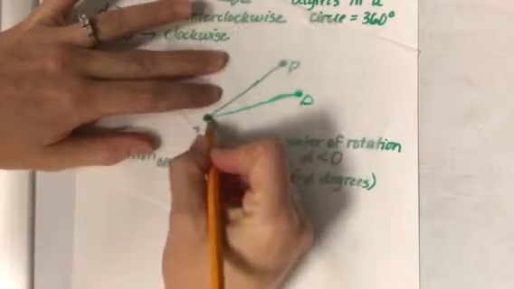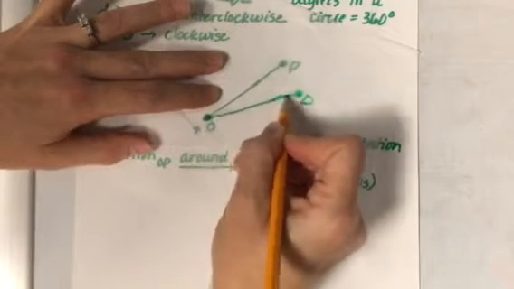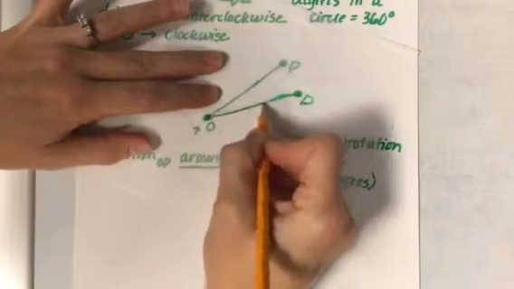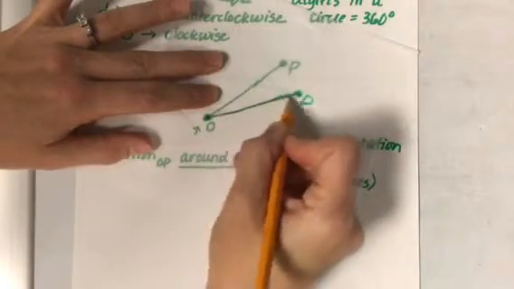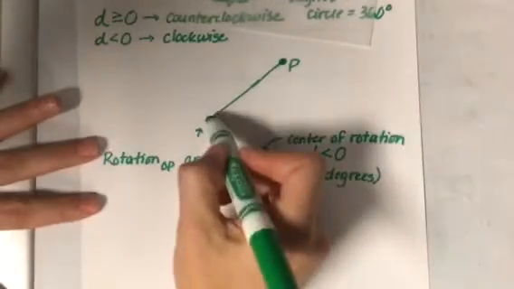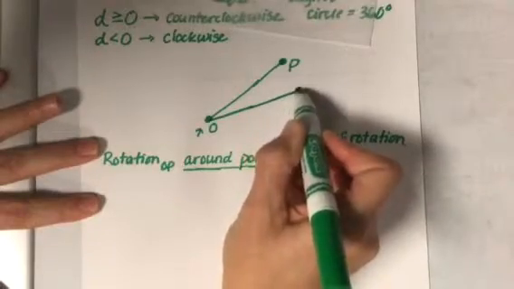Once you've rotated, trace over it so you have your indentation in your paper. And then lift your patty paper and trace over your indentation.